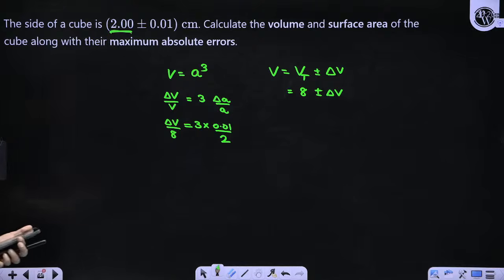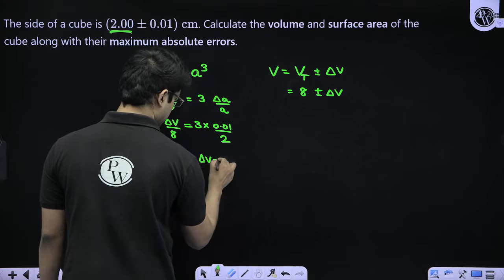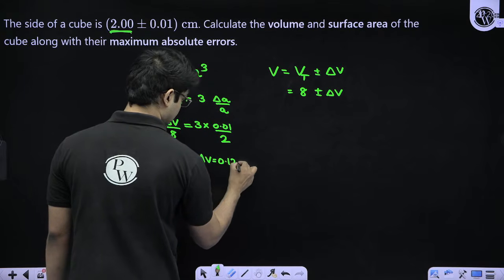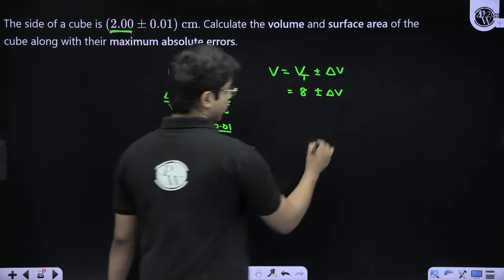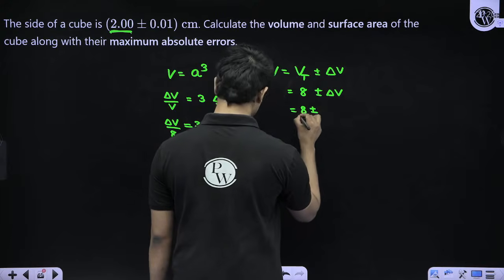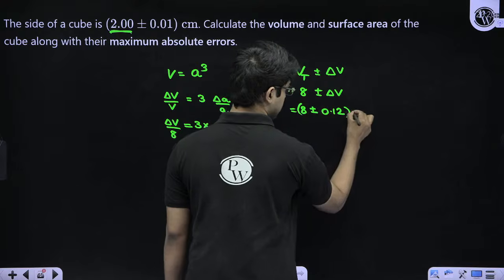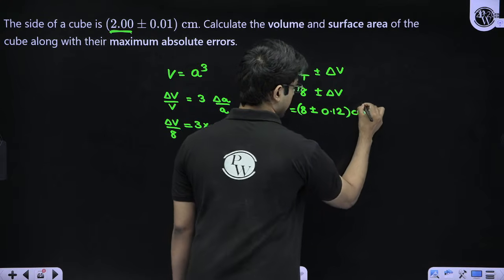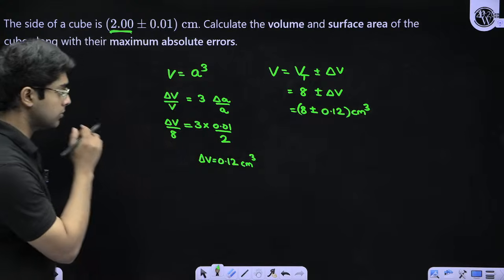So this comes out to be 0.12 if you solve it. So error in volume is 0.12, and the units, of course, centimeter cube. So the answer is 8 plus or minus 0.12 centimeter cube. You have to always write the true value plus or minus the possible error.